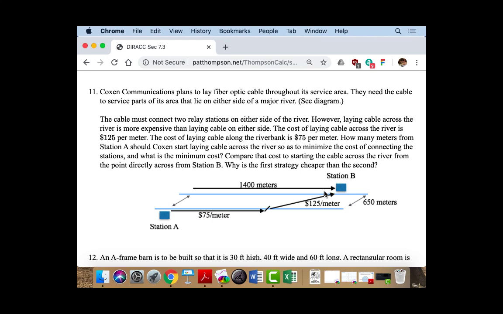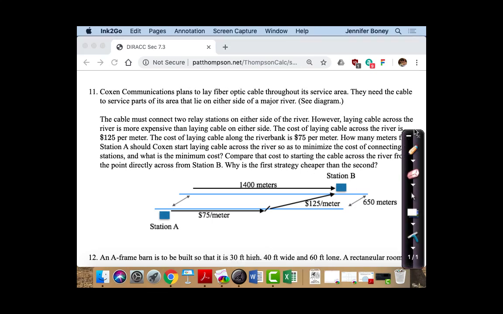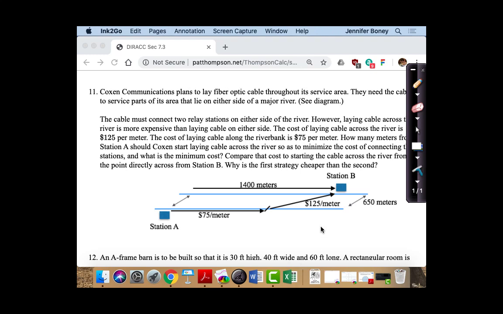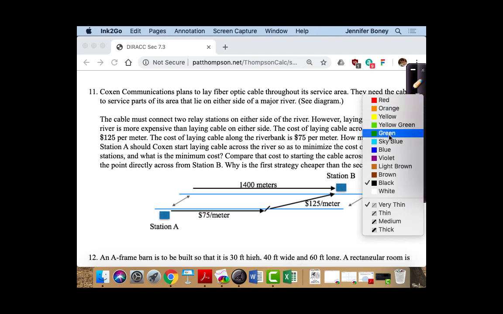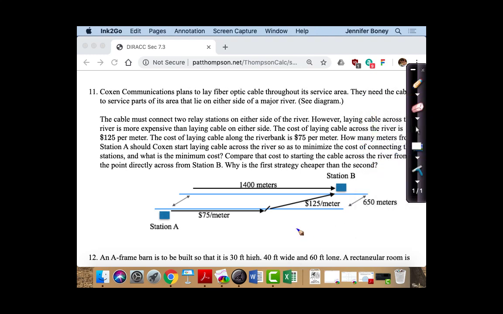So this situation is, if I were to draw this in a less offset manner than what's here, and I'll get this out of the way. I've got a river, and I've got something here and something there, and I'm trying to get between the two of them.